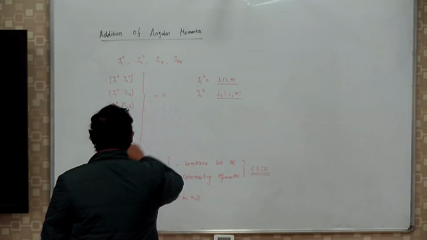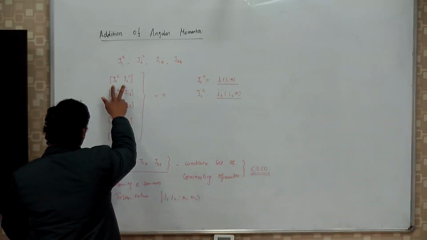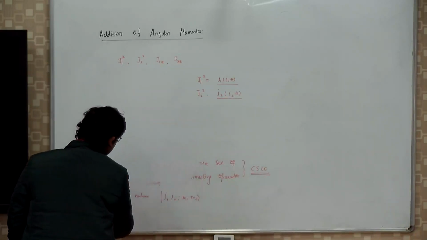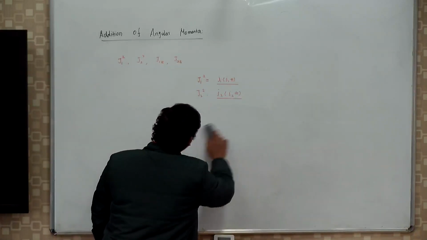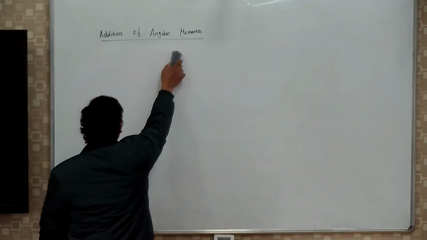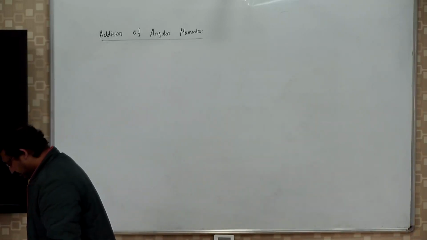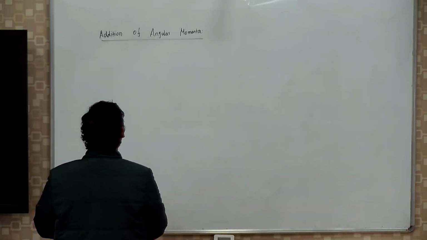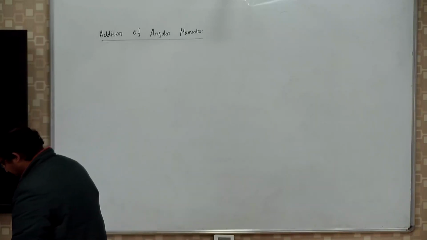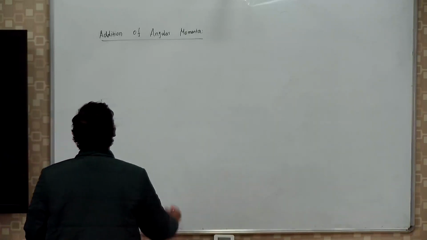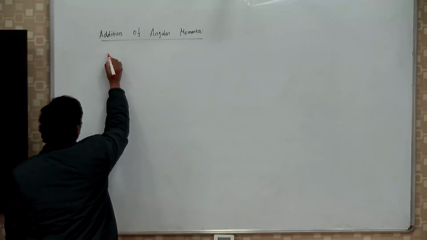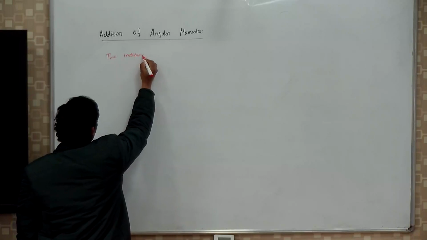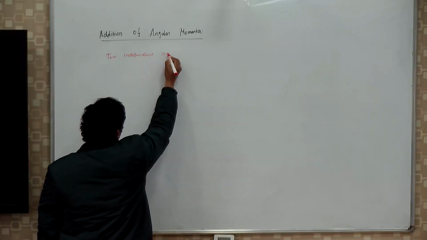This type of system, two independent systems, we call an uncoupled system, and all these basis vectors we have discussed so far are the uncoupled basis. These are two independent angular momenta.